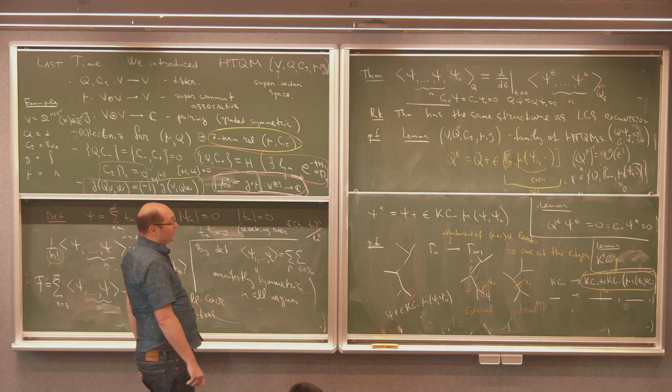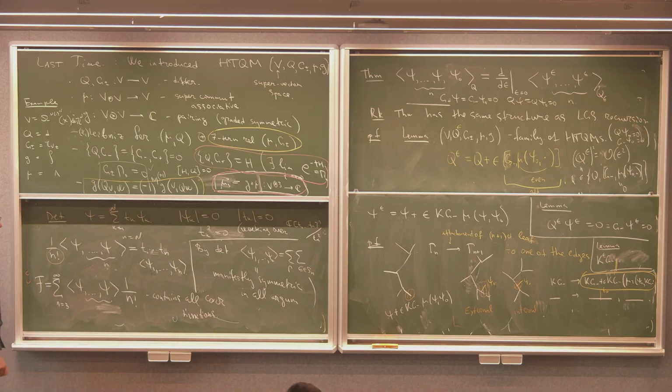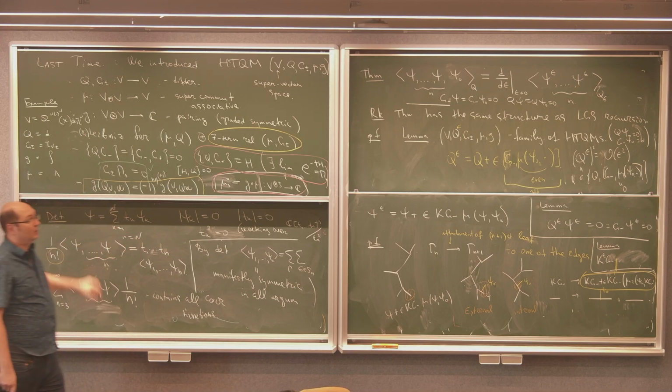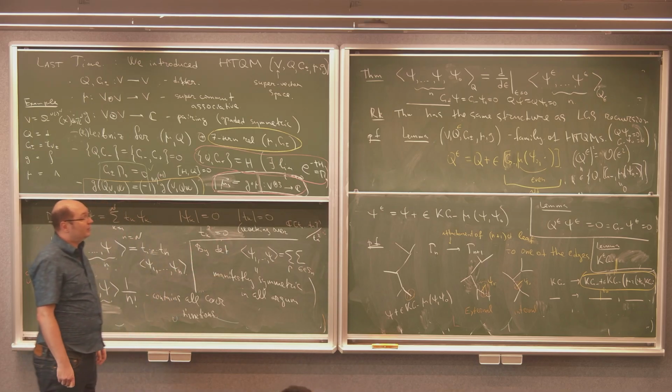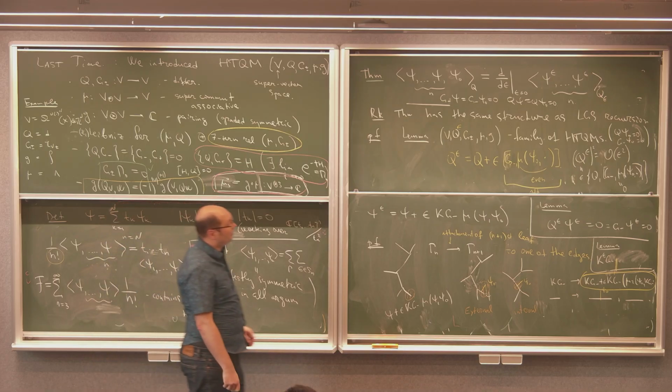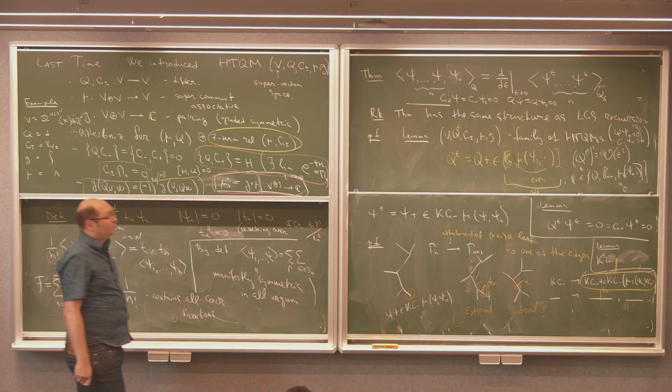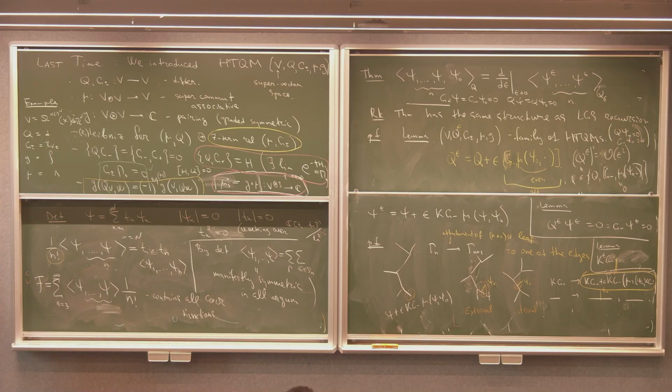And for a proof of tropical mirror symmetry, we will apply these formal results to a very particular HTQM, where we will first show that correlation functions in some particular HTQM equal tropical Gromov-Witten invariants. And then we will apply some of the formal results to amplitudes in this HTQM to get amplitudes in a different HTQM, and then to localize these amplitudes into correlation functions of Landau-Ginzburg cycles.